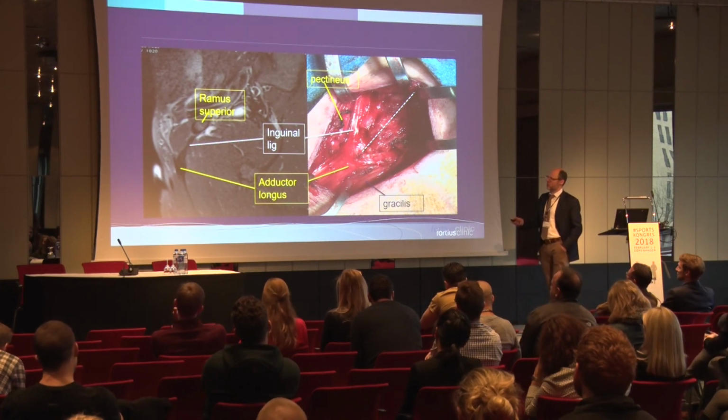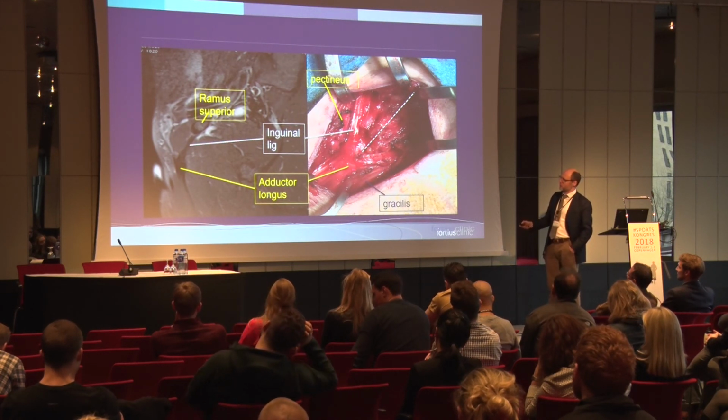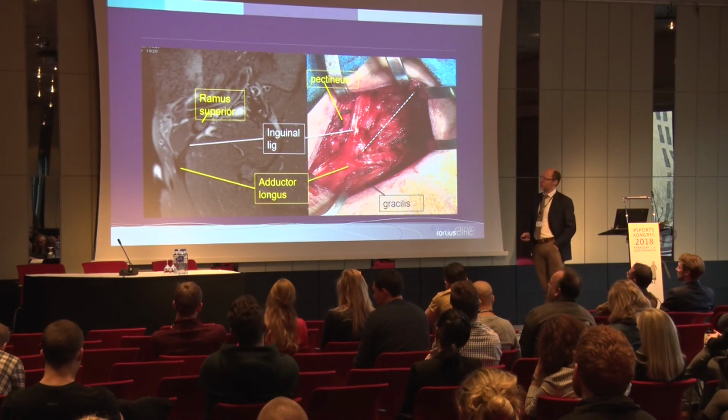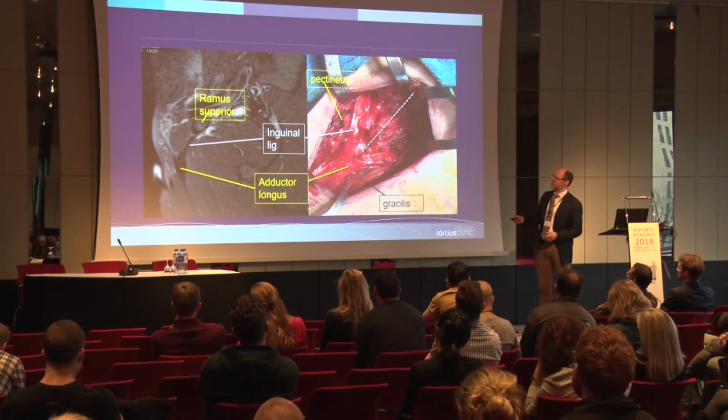And this is how it looks during surgery. You can see that inguinal ligament here, coming down to the adductor longus, and see how far it has been displaced. Obviously every time that patient adducts, he pulls on his inguinal ligament and it causes pain.